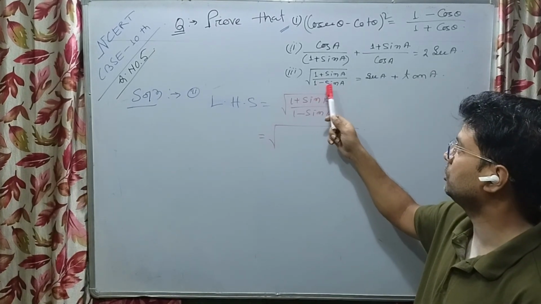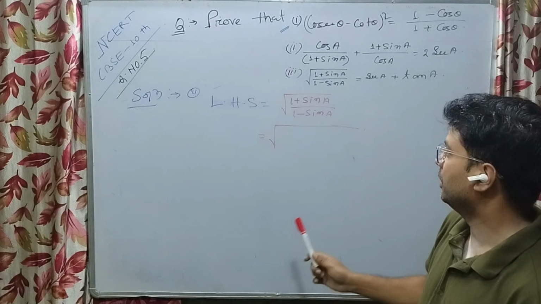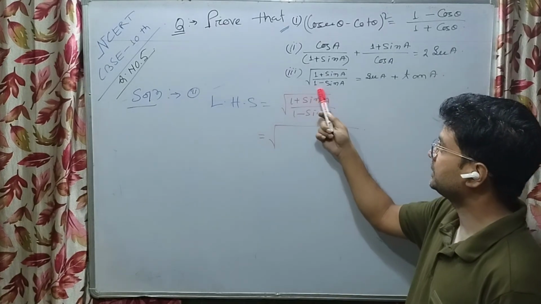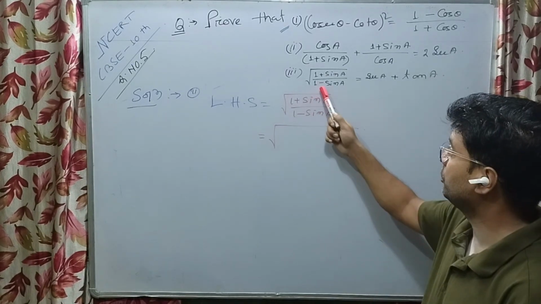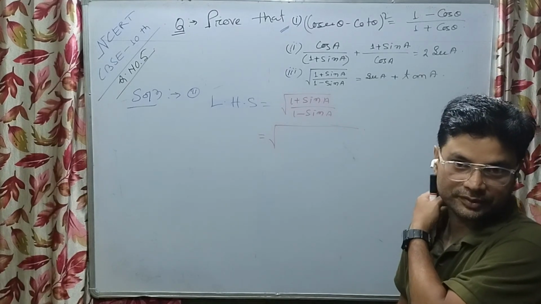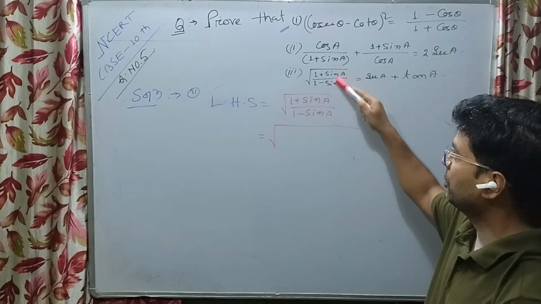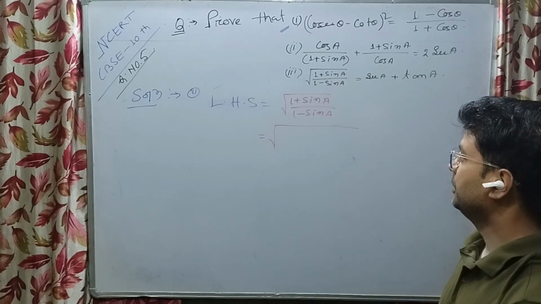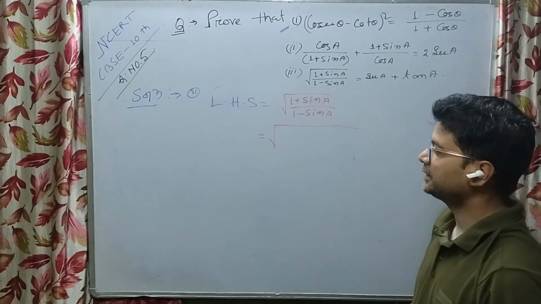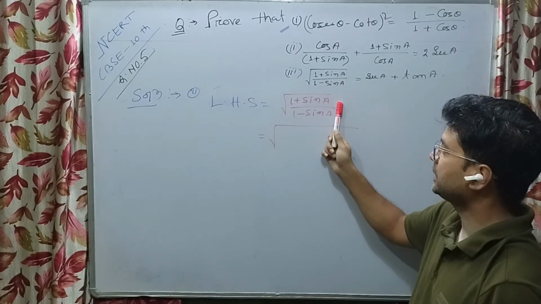Here the denominator is 1 minus sin A and the numerator is 1 plus sin A. The conjugate of 1 minus sin A is 1 plus sin A, so I will multiply both by 1 plus sin A.